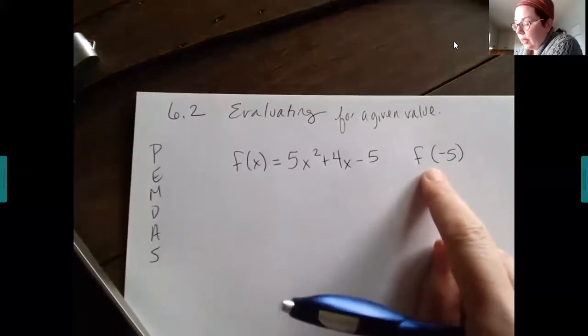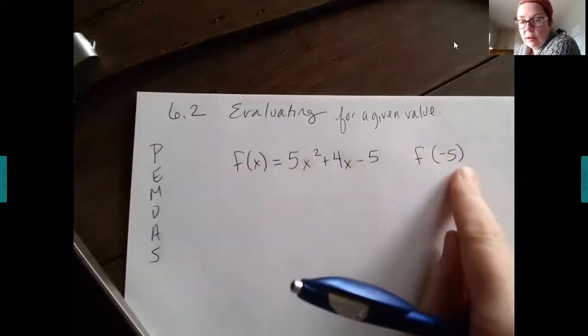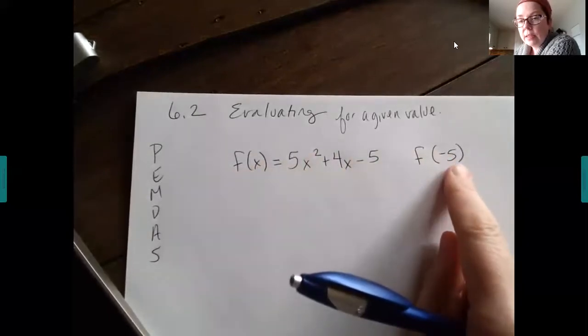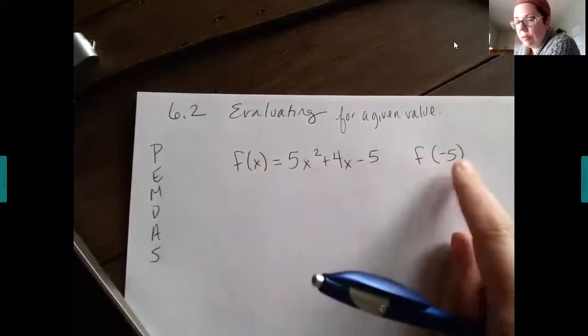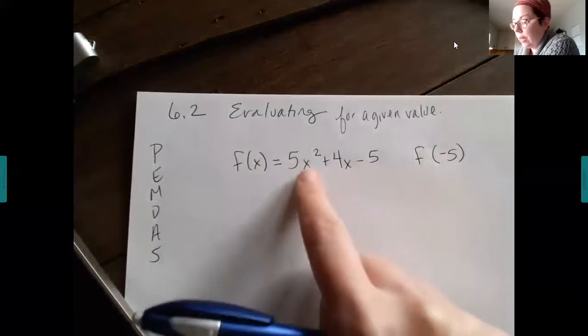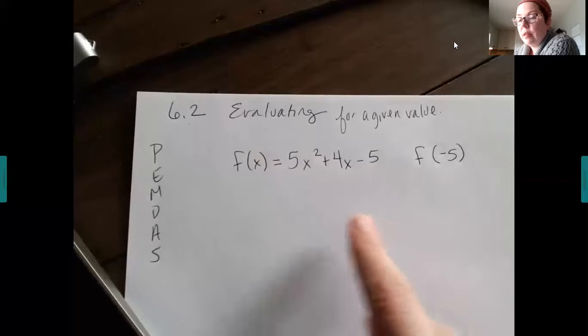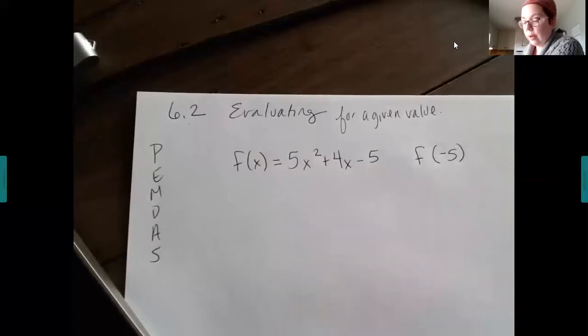So what that means is that you see here, this is f of x, and then here, rather than having x, they were replacing x with a number. And that's what they want you to do here. They want you to replace x with this number, math away, and then see what number it is, okay?